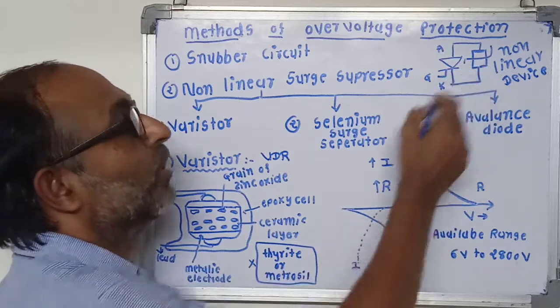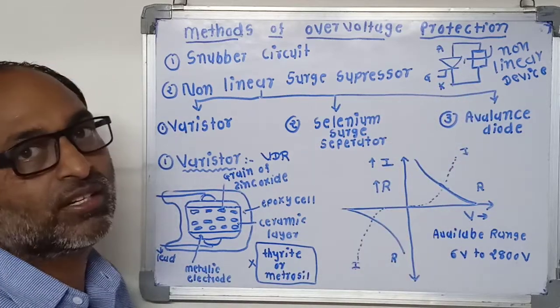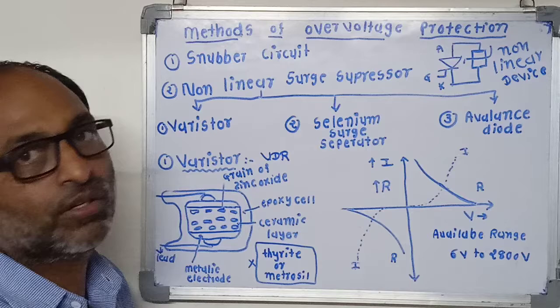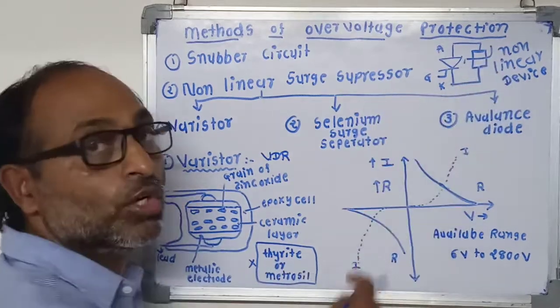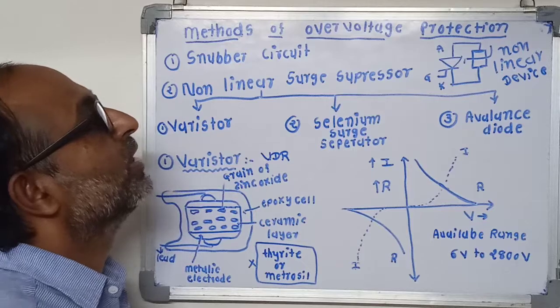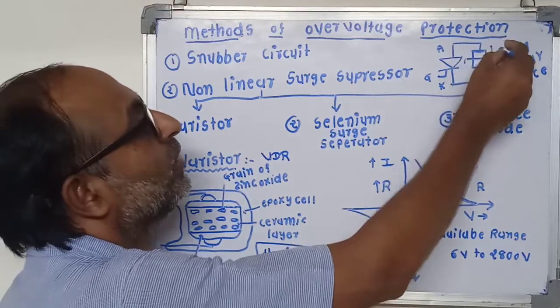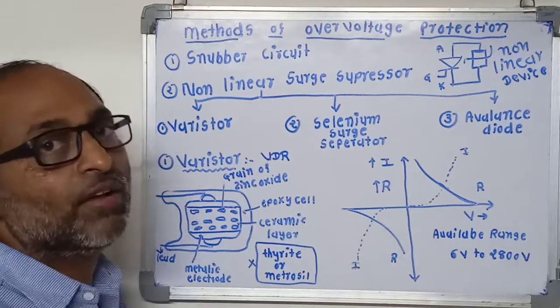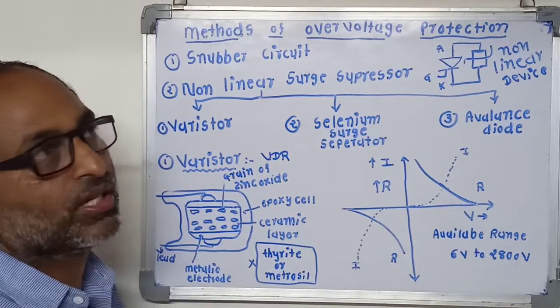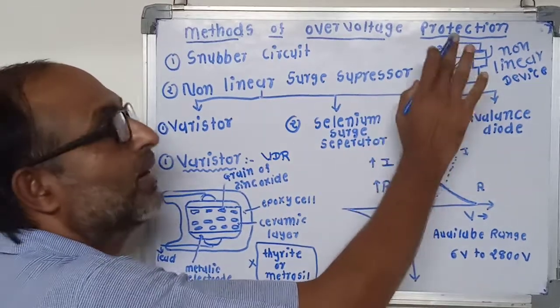But it offers very low resistance at high transient voltage, so it acts as a short circuit. The majority of the current passes through this non-linear device. Due to this, a high voltage drop occurs in the source and impedance of the line.